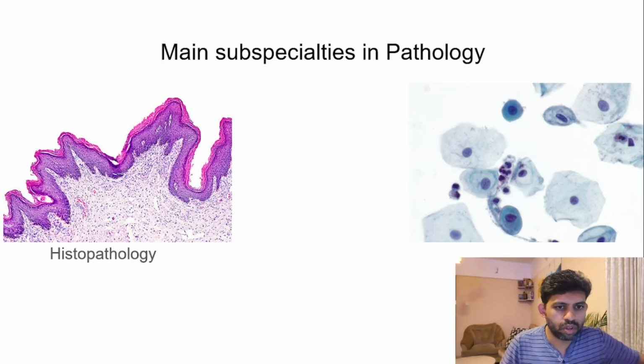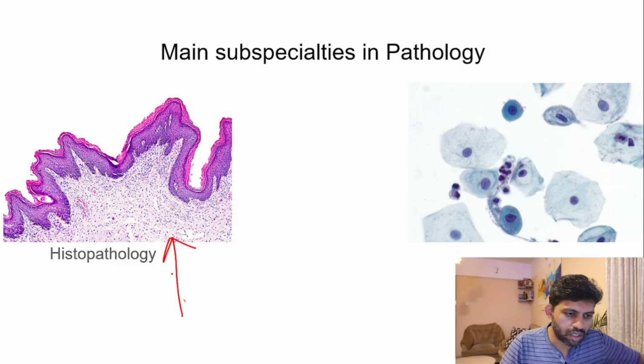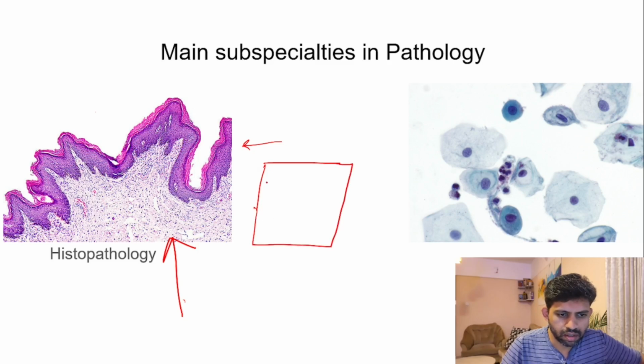Now there are two more subspecialties. One is histopathology. Histopathology basically means study of tissues. So imagine this is skin. Just imagine a scenario where this is the skin of a patient. There is some problem here.